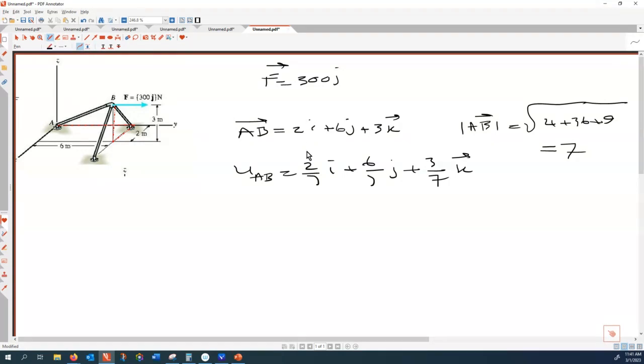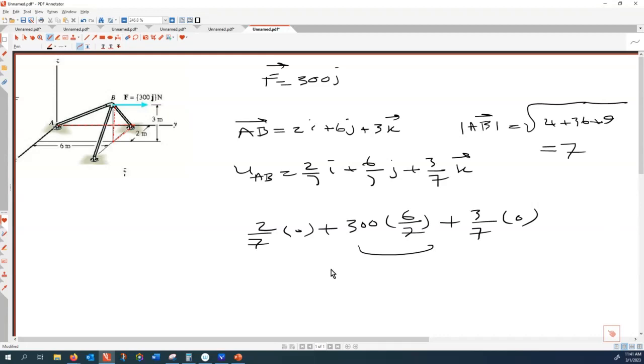Now if you multiply this, that is 2 over 7 multiplied by 0, plus 300 times 6 over 7, plus 3 over 7 multiplied by 0. So only that term is the projection.